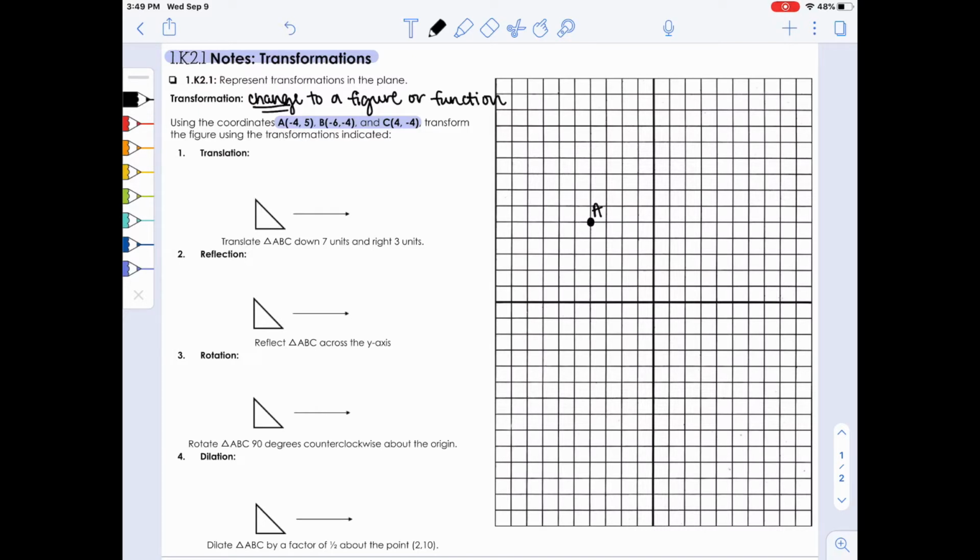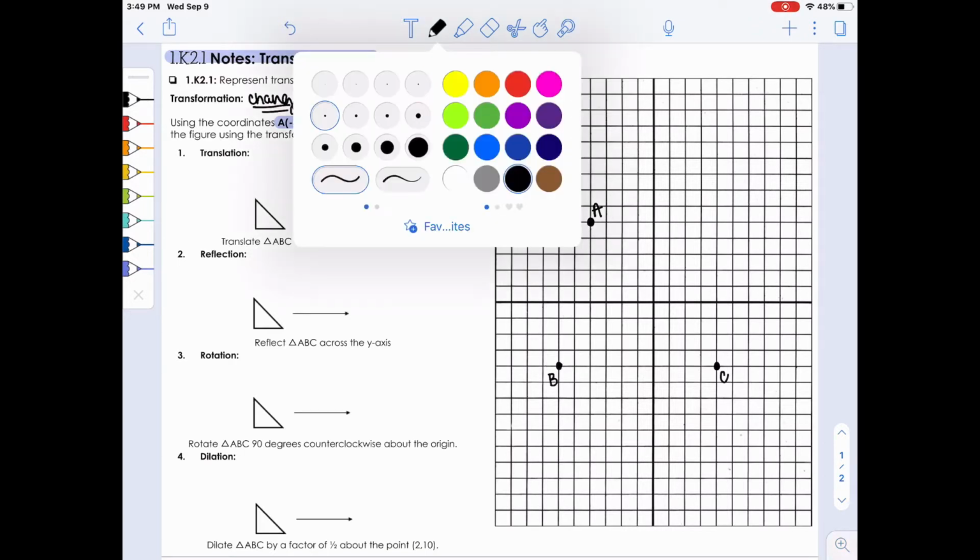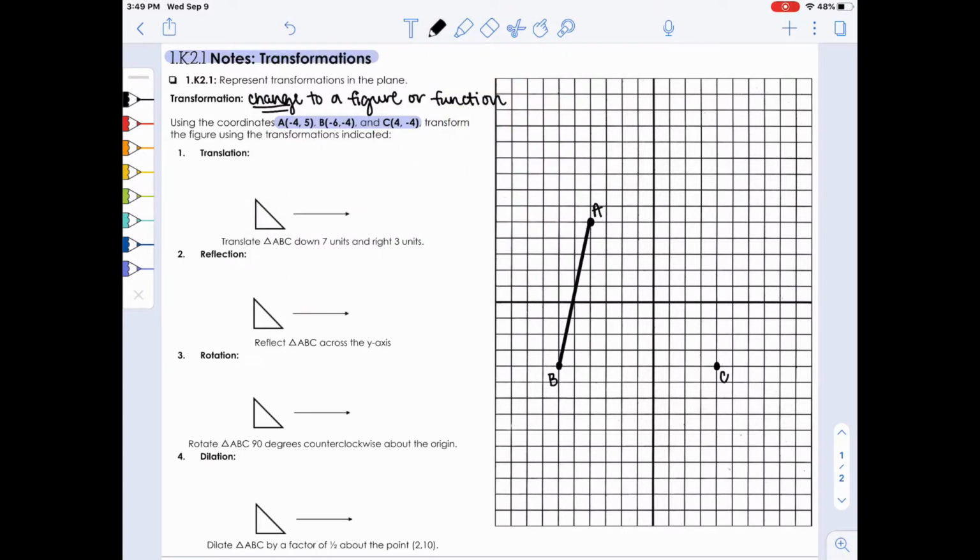Let's label it A. B is at the point -6, -4, which is down here. Let's label that B. And C is at the point 4, -4, right here. Okay, and we'll label that C. Let's connect our dots. So here's our triangle ABC. This is the shape that we're going to be transforming using our instructions below.